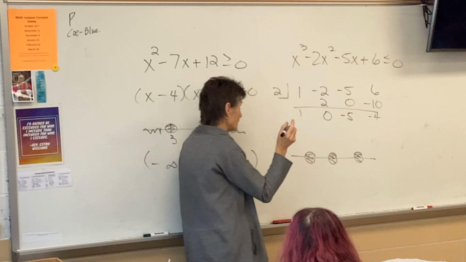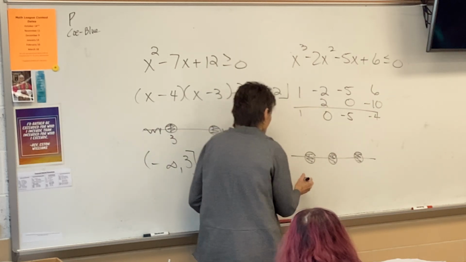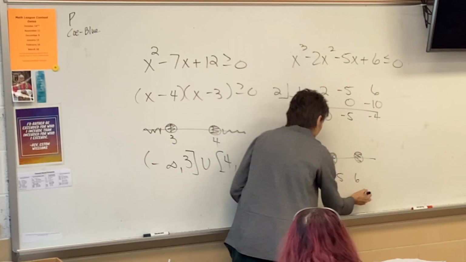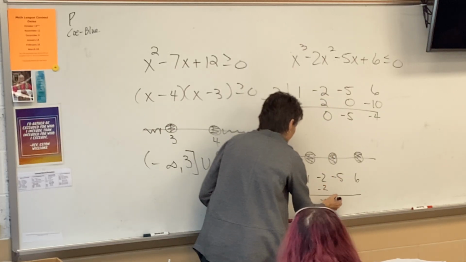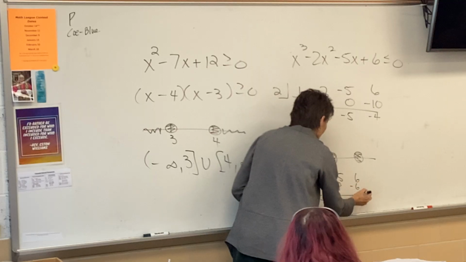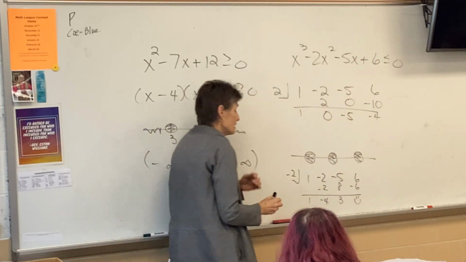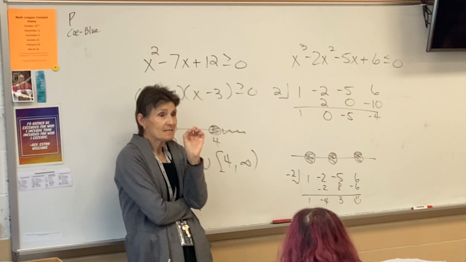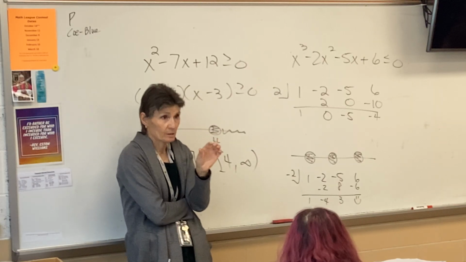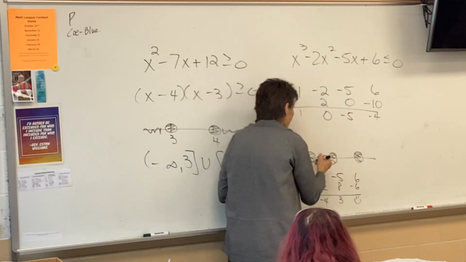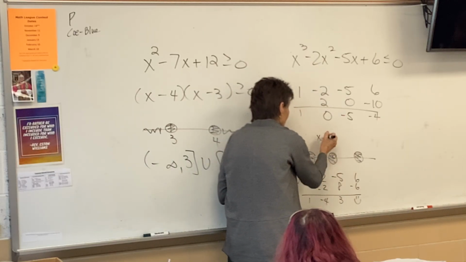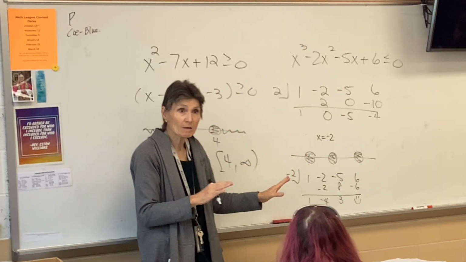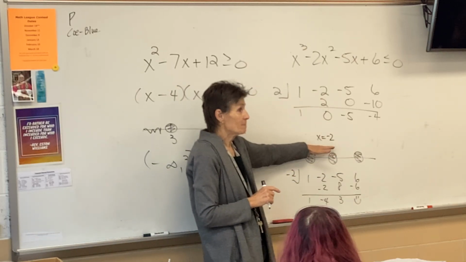So somebody said, let's try -2. Oh, there you got it. Now, the fact that -2 worked means one of your dots is gonna be at -2.